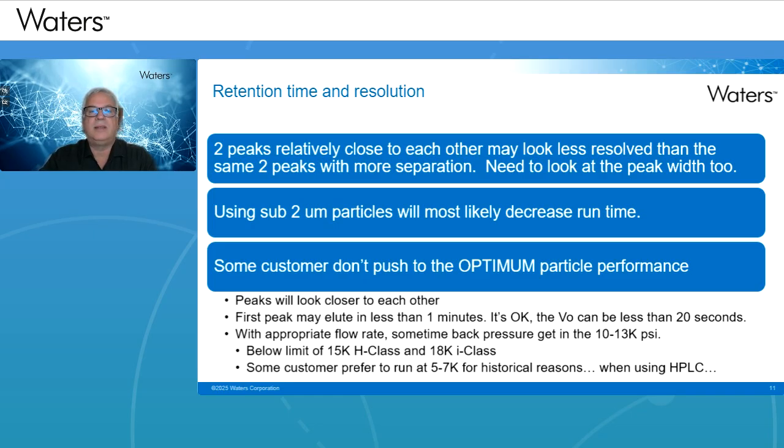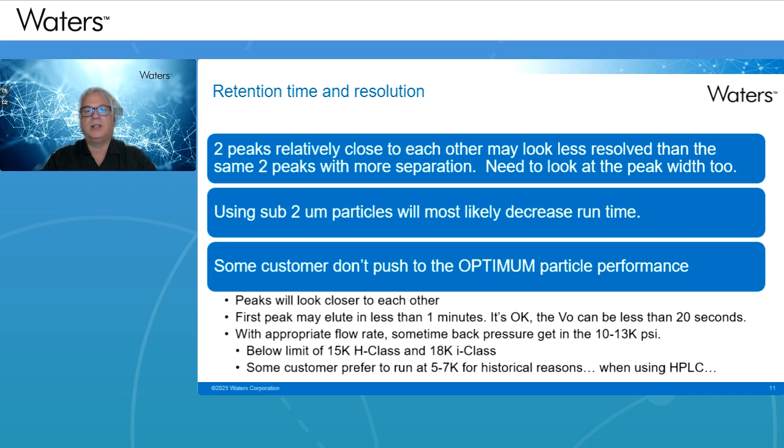Same thing for the flow rate. Sometimes we may have to go with 10 to 13,000 PSI, and that's normal. The equipment is capable of doing it, but I know that some people are more comfortable using 5 to 7,000 PSI, and it's basically just because they are used to it, but there's no physical reason not to use the 10 to 30K.